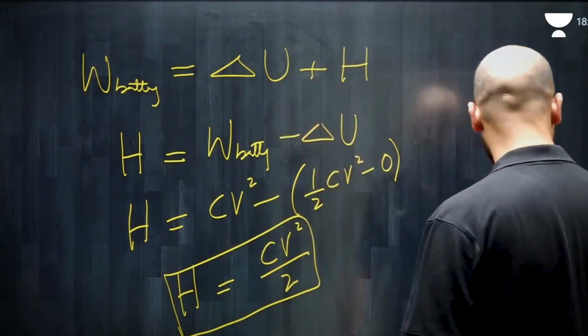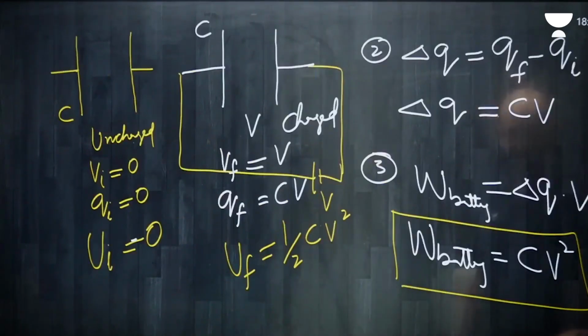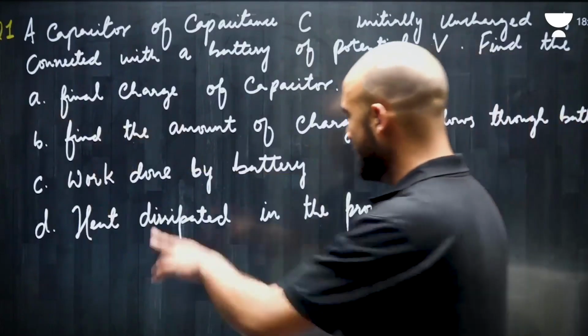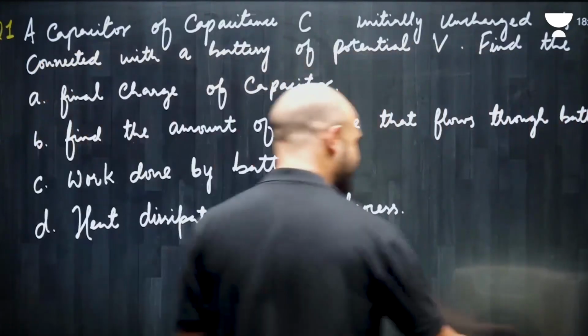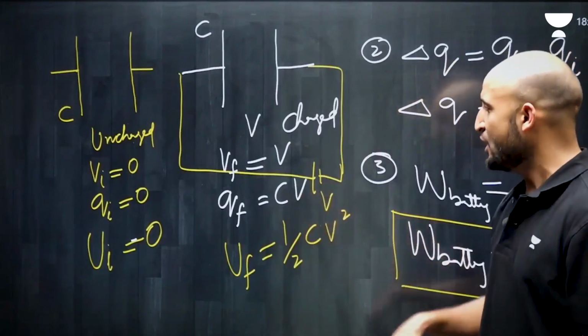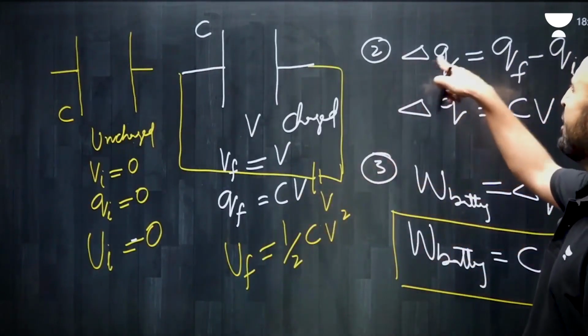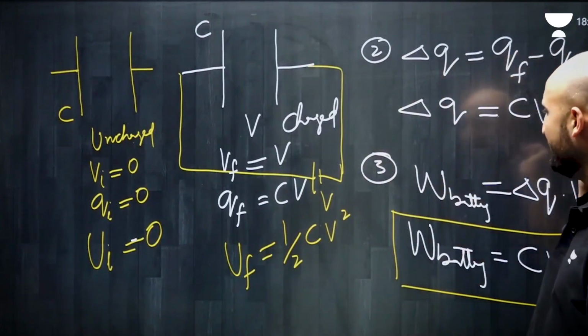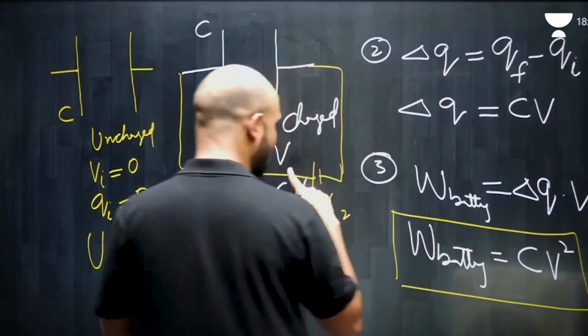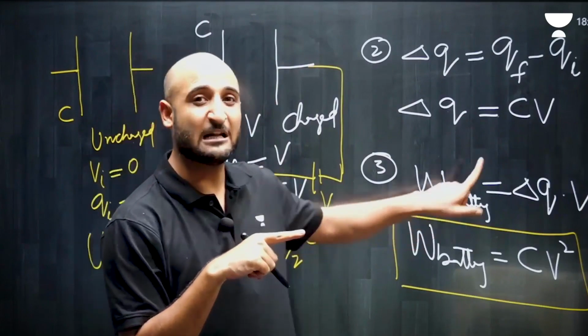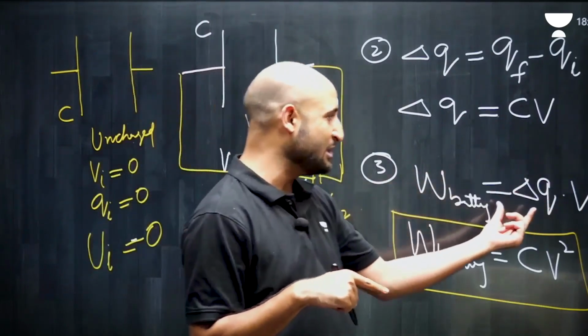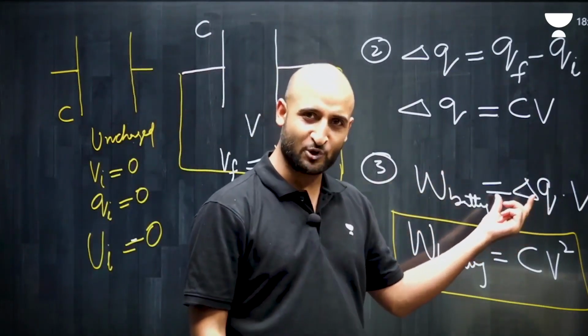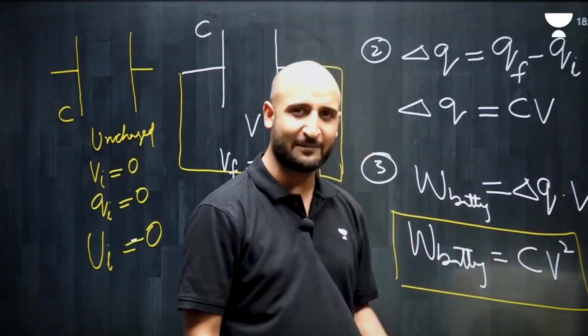So let me go back and have a look at what we were supposed to do and what we did. We were supposed to find the final charge in the capacitor. We did that. That is CV. We were supposed to find the amount of charge transferred by the battery. That is Q final minus Q initial, that is CV. We were supposed to find the work done by the battery, and we got that.